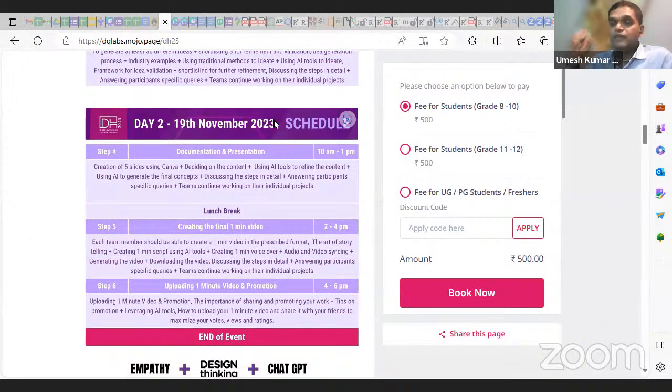So we give certain weightage for the social media activity that you will be taking up. We will be counting the likes, comments, and shares of that particular post, and that would carry certain weightage in the overall judging of the entry.